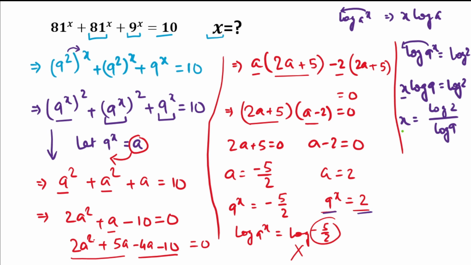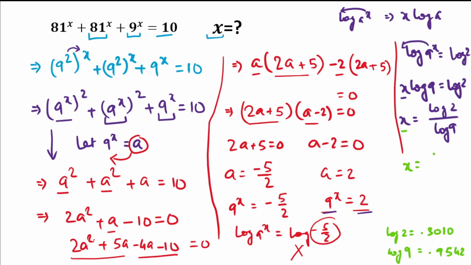Now for calculating the value of x, we will take out the value of log 2 and log 9. The value of log 2 from the calculator is 0.3010, and the value of log 9 is 0.9542. So we'll put the values of log 2 and log 9 here.